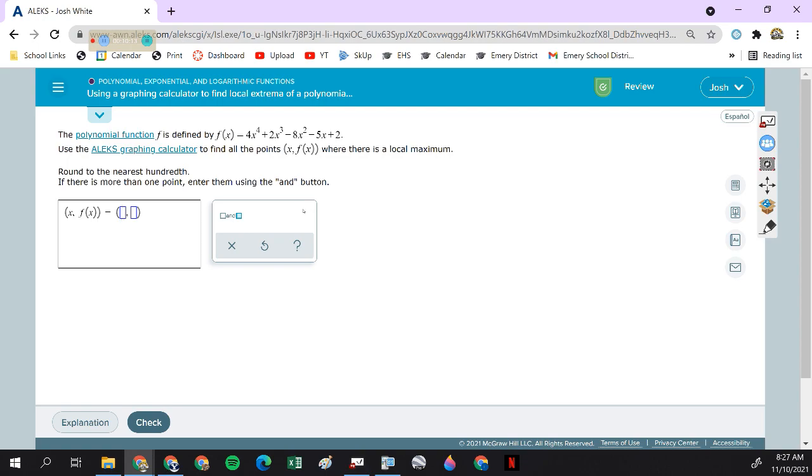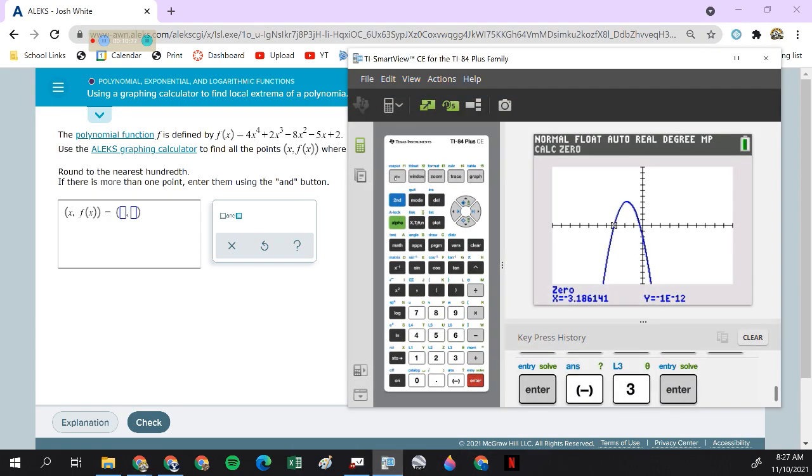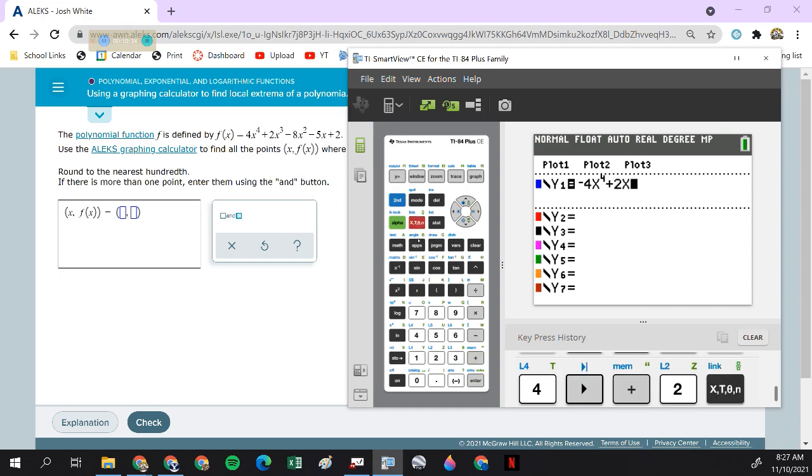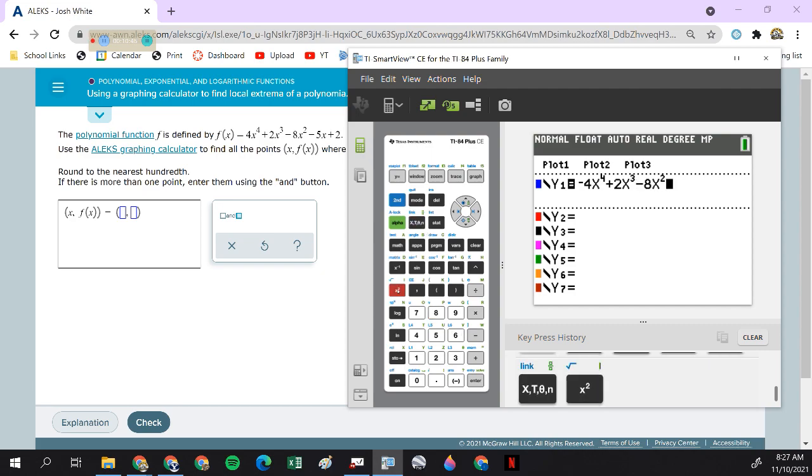All right. So now we have a large polynomial and we want to find all of the local minimums and maximums. So I pull up this calculator and negative 4x raised to the 4th plus 2x to the 3rd minus 8x squared minus 5x plus 2.